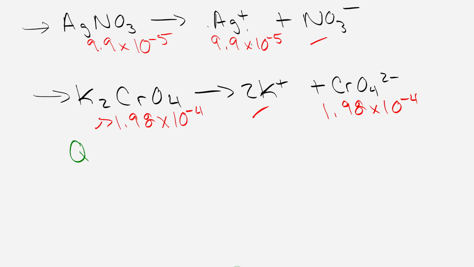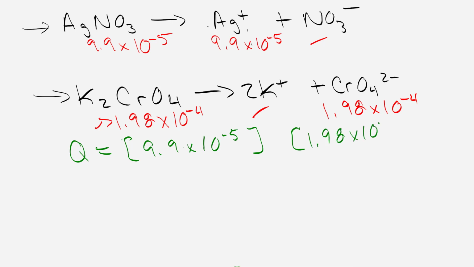And say Q then will equal our concentrations. But we haven't done something. We'll go ahead and write them in. 9.9 times 10 to the negative 5, and 1.98 times 10 to the negative 4. Now the trap here is if you find these two concentrations and you think you're done, but let's think about what our KSP is.